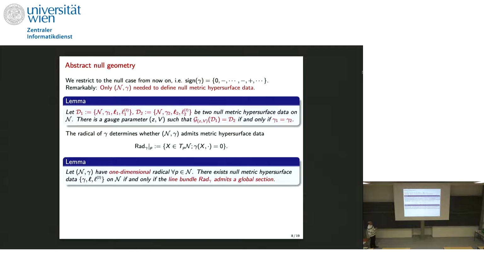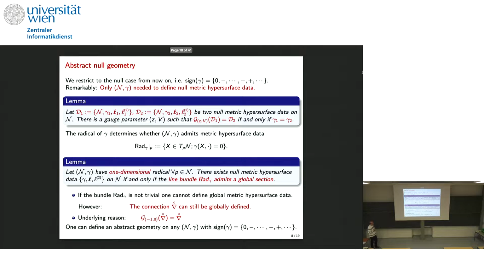If it's trivial and hence admits a global section, then you can define metric hypersurface data in this space. And this metric hypersurface data is actually uniquely defined by gamma because of this first lemma. And if the line bundle is not trivial, then you cannot define metric hypersurface data. You can think, okay, maybe this is a drawback.